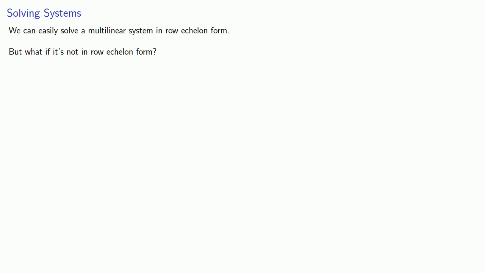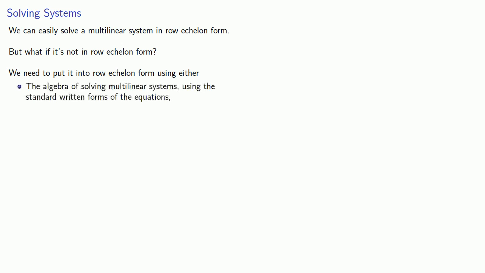In that case, we need to put it into row echelon form, using either the algebra of solving multilinear systems using the standard written forms of the equations, or the algebra of solving multilinear systems, wait for it, using the augmented coefficient matrix.